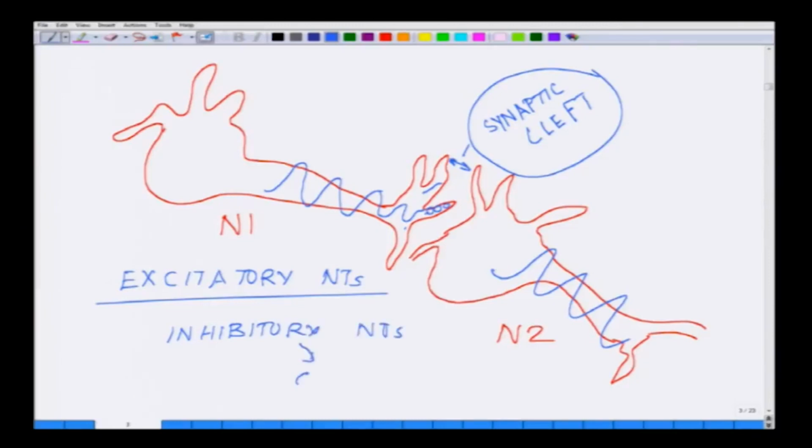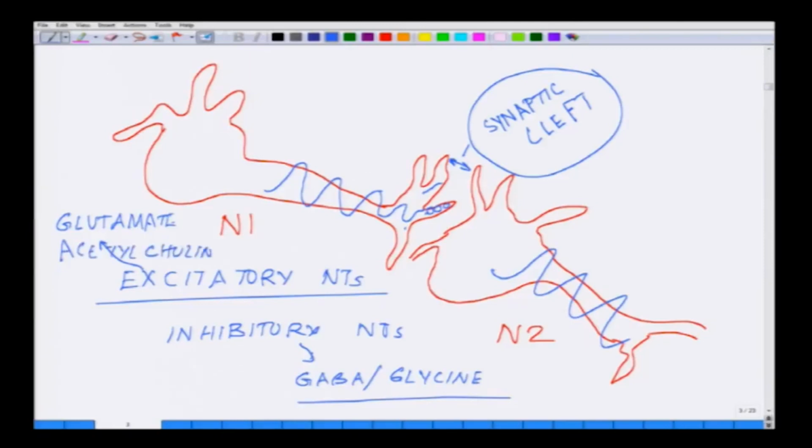Among the inhibitory ones are GABA and glycine, whereas among excitatory neurotransmitters you have glutamate and acetylcholine.